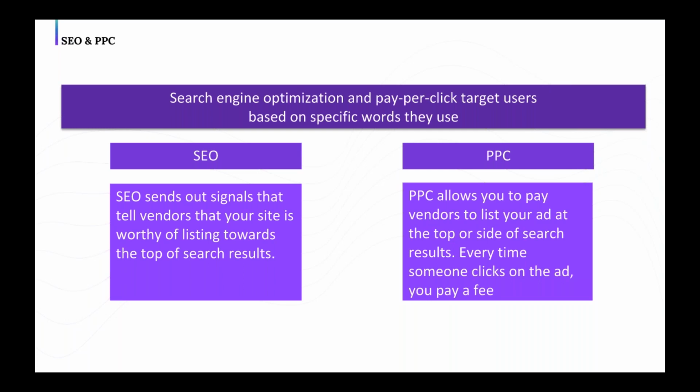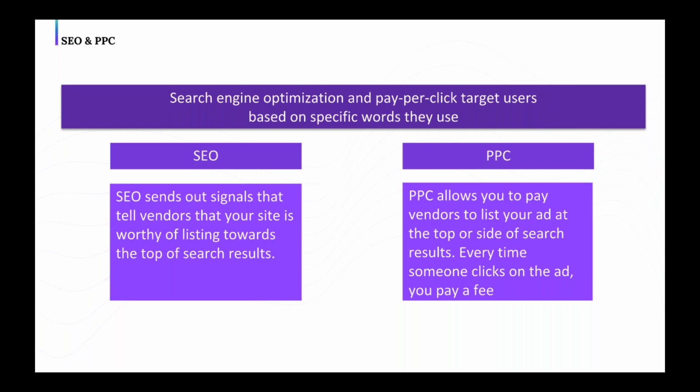So SEO is a tactic to make sure that you're optimizing your site to be ranked as high as possible. This can also be an organic campaign, meaning that you're not necessarily putting money behind it. You're just trying to pull all the levers necessary to make sure that you're ranking as high as possible.